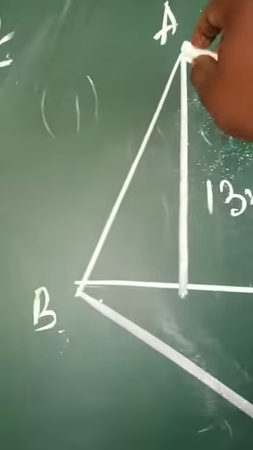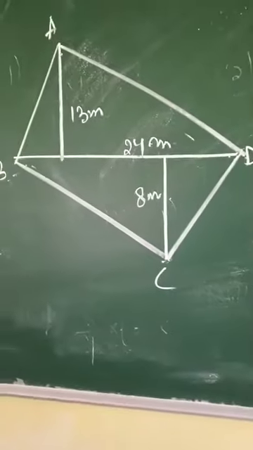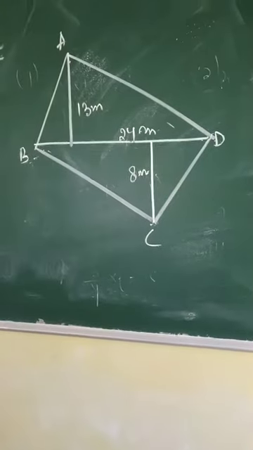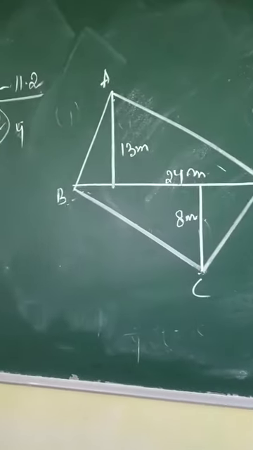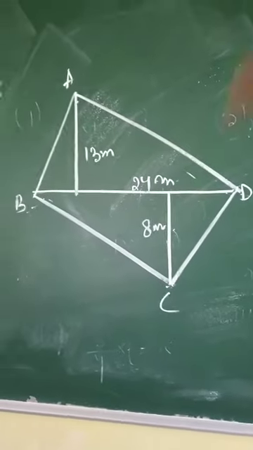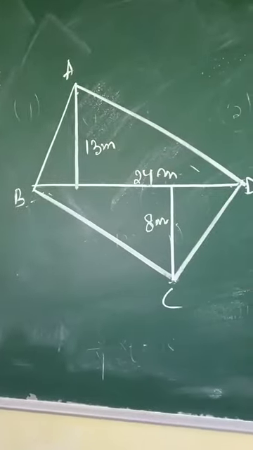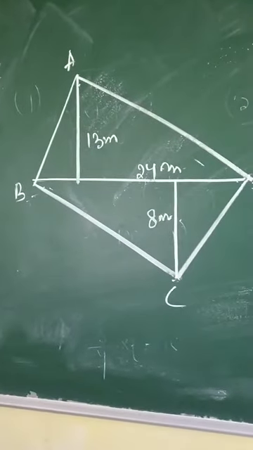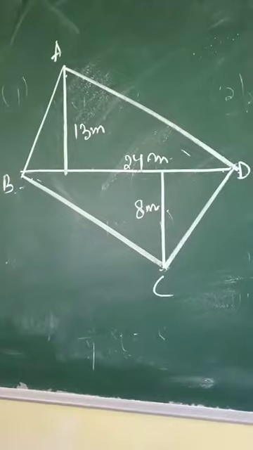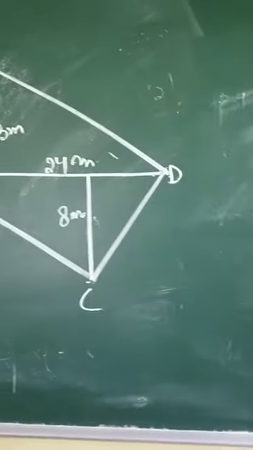I repeat, triangle ABD and triangle BCD. So first we'll find the area of triangle ABD, then we will find the area of triangle BCD, and if we add the areas of these two figures, we'll find the area of the complete quadrilateral. So let us find the area of the triangle ABD first.